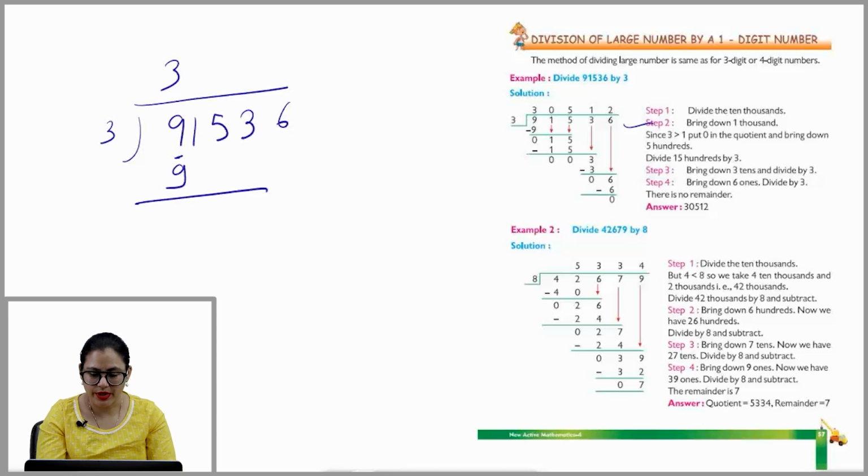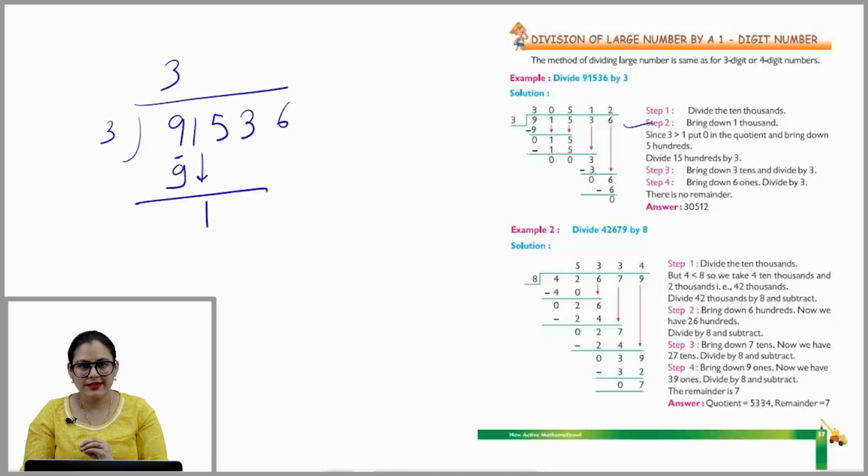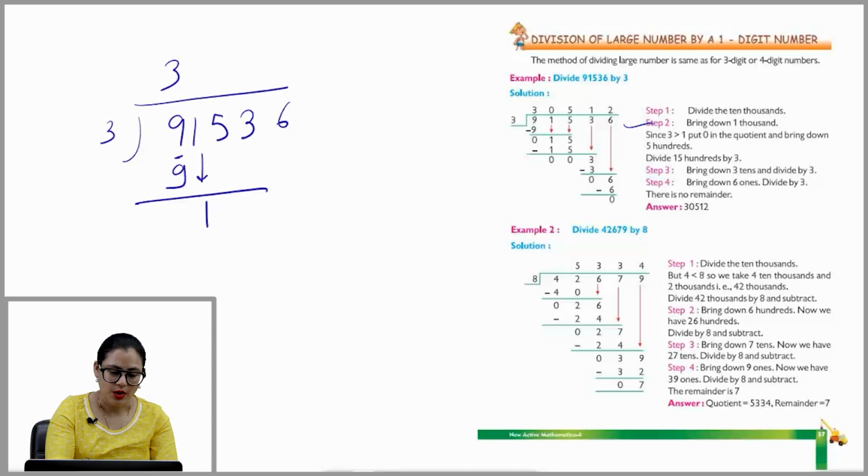Next step, bring down 1,000. Since 3 is greater than 1, put a 0 in the quotient and bring down 500. We'll put 0 here and then we'll bring down 5. And then divide 1500 by 3. 3 5s are 15.